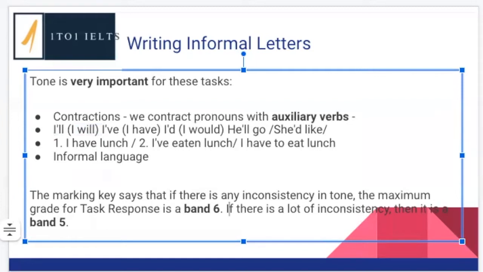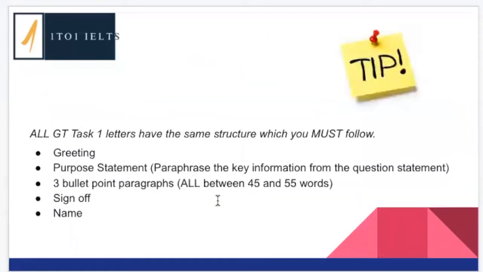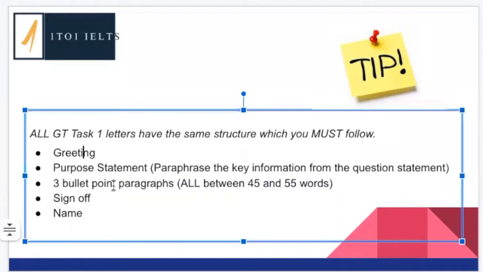Okay. Looking at structure, all general training task 1 letters have exactly the same structure. We're going to have a greeting. We're going to have a purpose statement where we paraphrase key information from the question statement. We have 3 bullet point paragraphs.